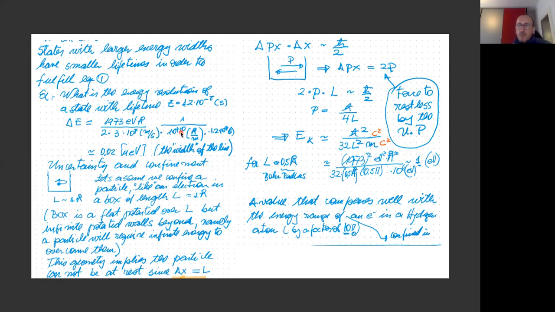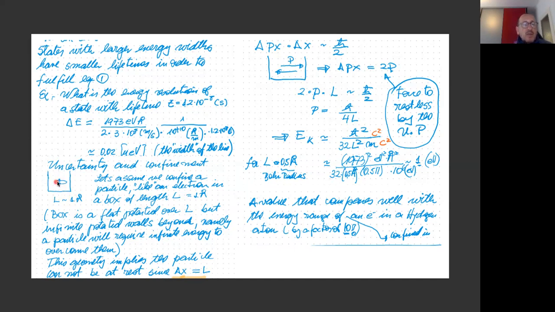Another relevant aspect is that, let's say we want to confine a particle, and let's consider that particle to be an electron, in a box that is the size of an atom. I changed the length here to be 0.5 at the end, but let's consider the size of an atom, essentially. If the electron lives inside this box, it doesn't have a potential in there.